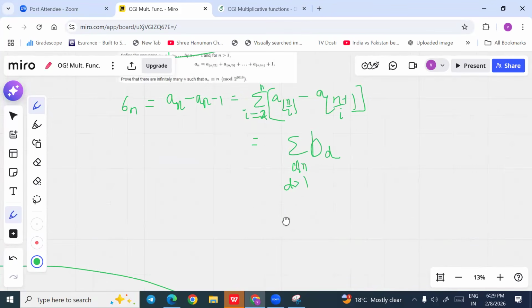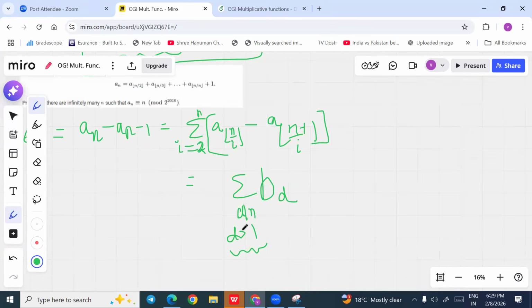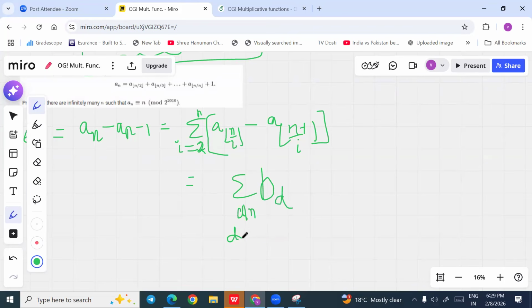Now, there is a problem. Indeed, there is a problem. Wait, it should be b of n by d, right? Okay, it doesn't matter actually. b of n by d. But then the d greater than 1 condition, that condition will translate to d less than n actually. Okay, yeah, exactly. It doesn't matter since n by d is just a divisor of n.